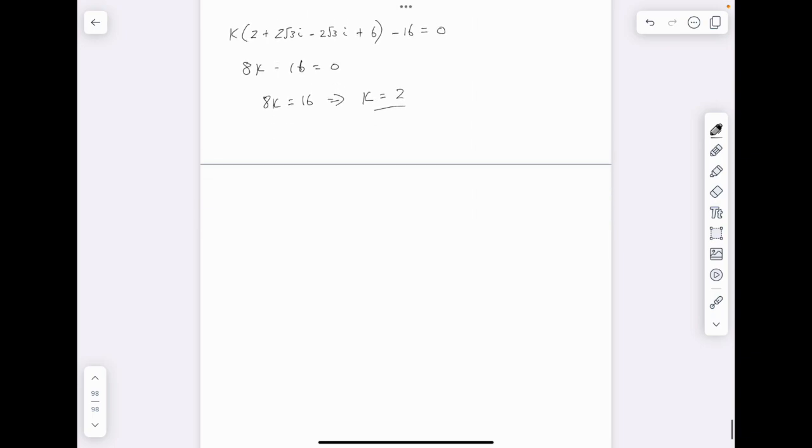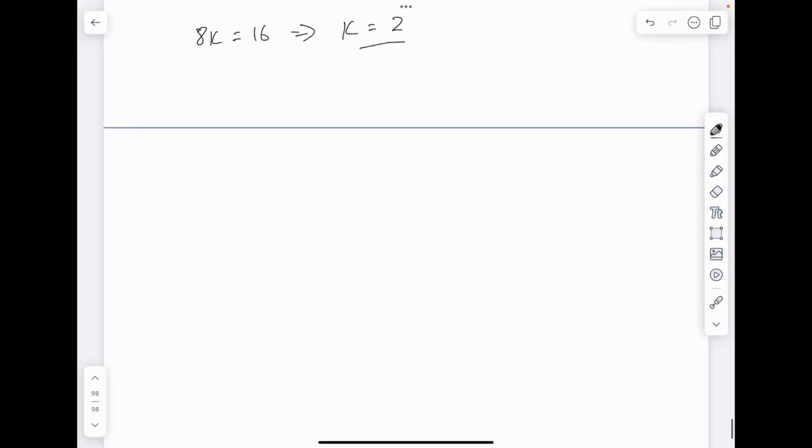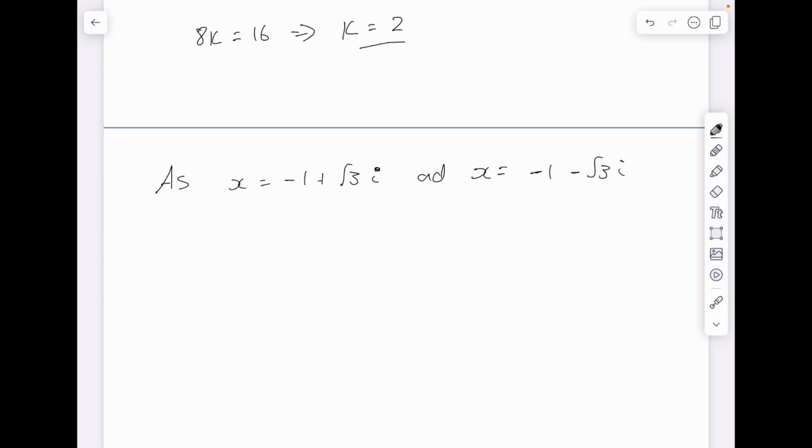Alright, now we need to find the third root. Now, we know that x equals negative 1 plus root 3i, and x equals negative 1 minus root 3i are roots. Okay, we know that. We can then say that we've got a quadratic factor.